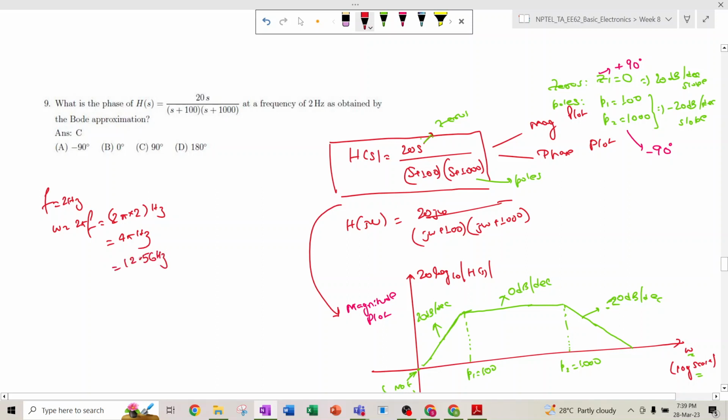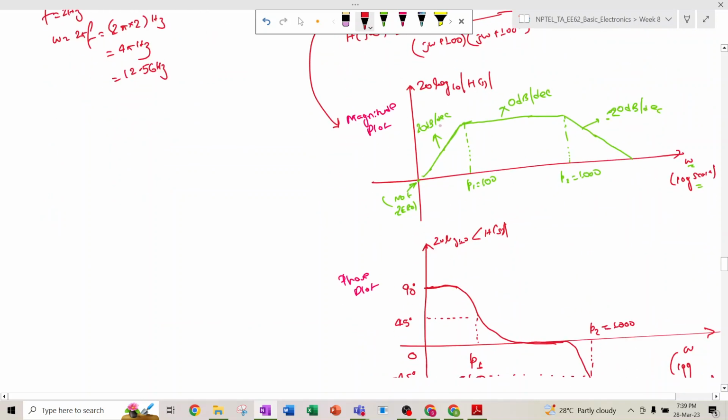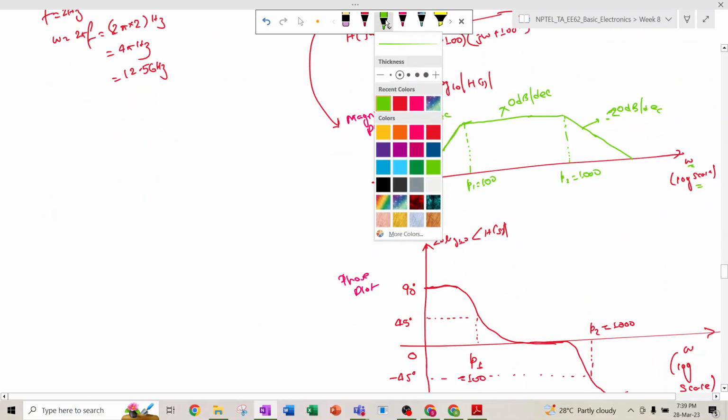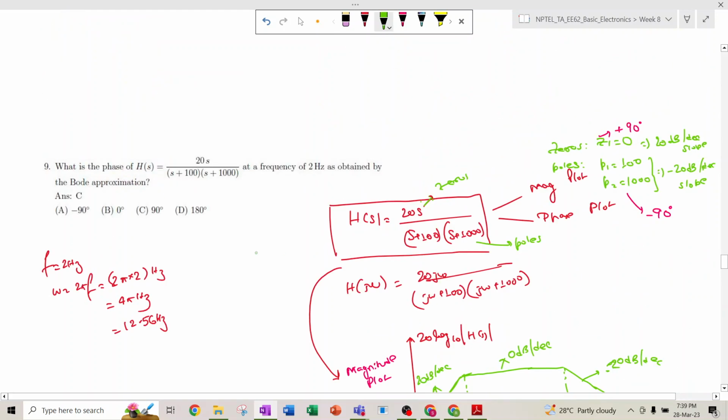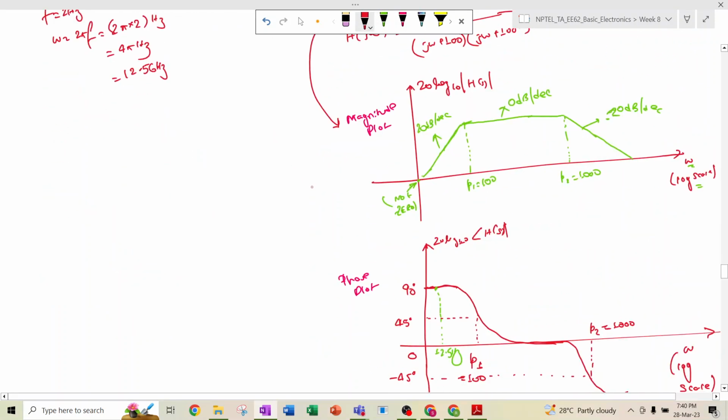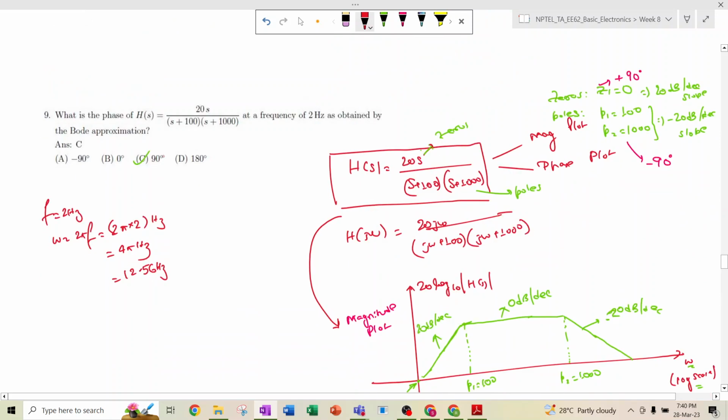From the graph we can see 12.56 is much less than 100, somewhere near here. So at 12.56 the phase angle will be plus 90 degrees, so the answer is plus 90 degrees, based on the graph we have drawn using this transfer function.